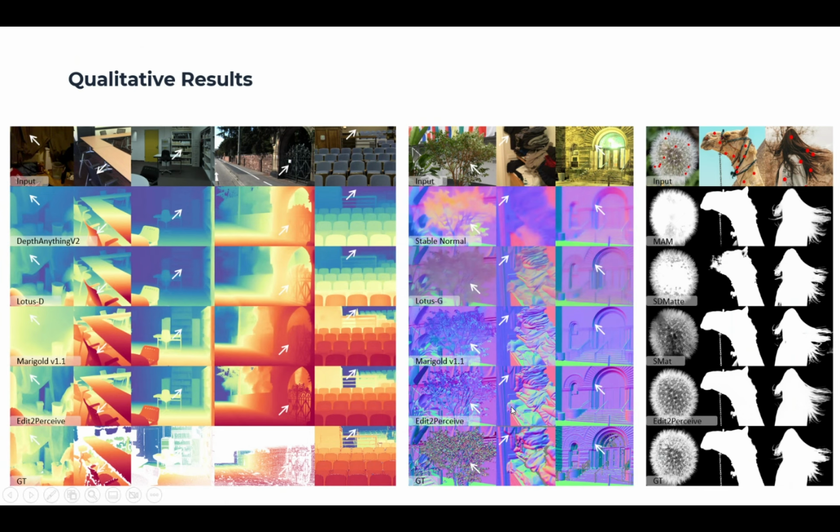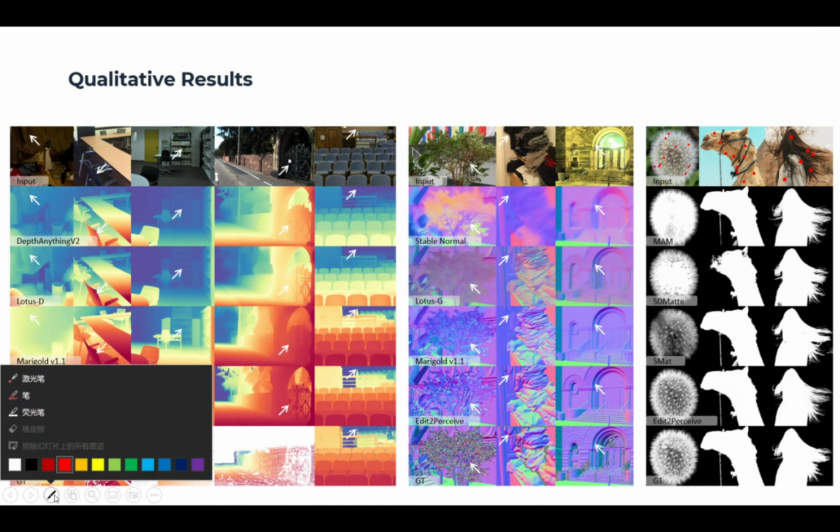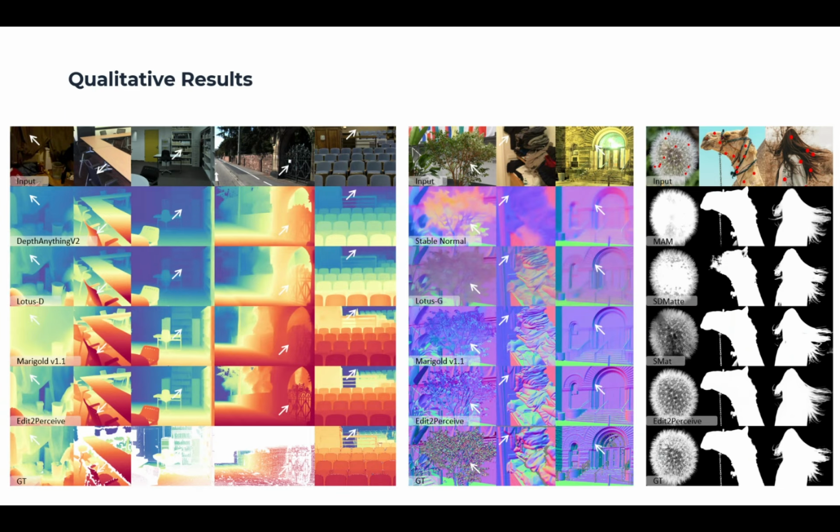We get refined details, especially such as the curtains in this, and this, and see this. Also, here our result is even better than GT.